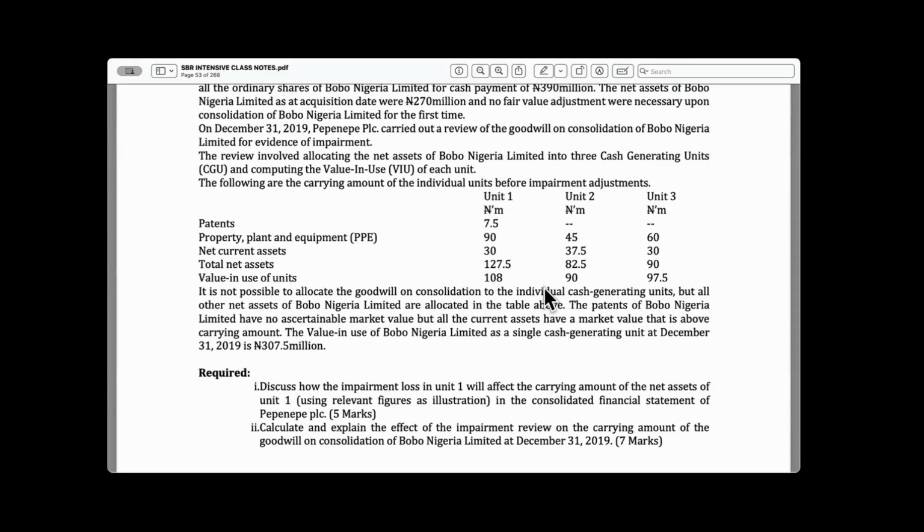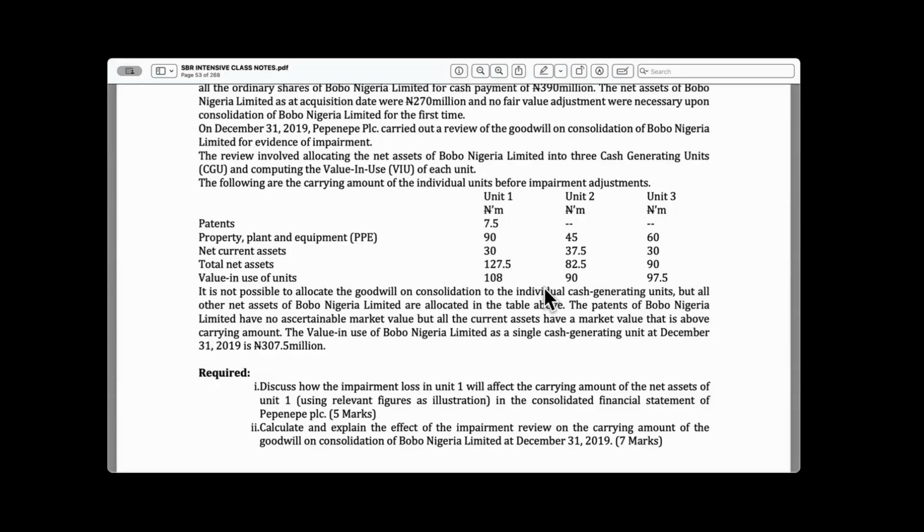Then we get the total net assets of the group. We then use the value in use of 307.5 that they give us to get the difference between that carrying amount and the value in use. That is our impairment for the group.